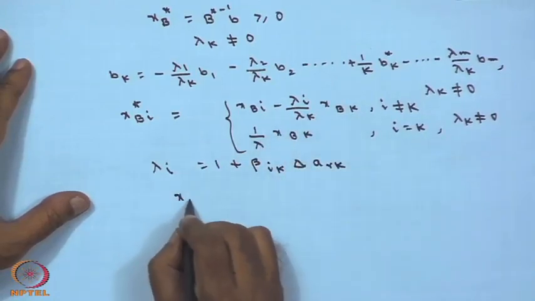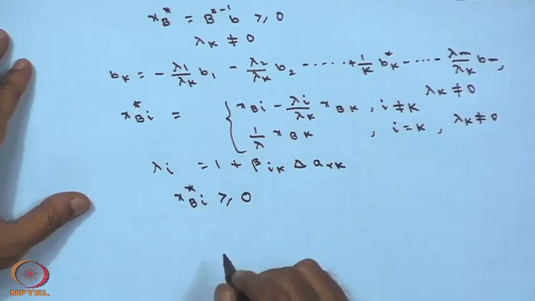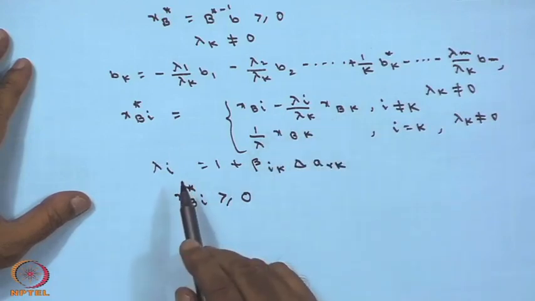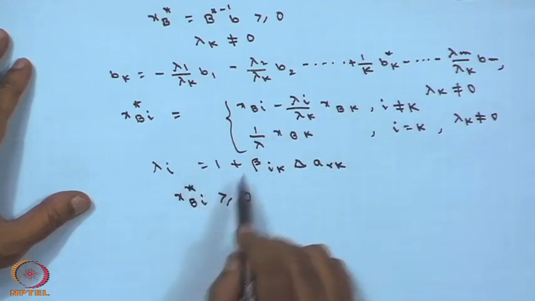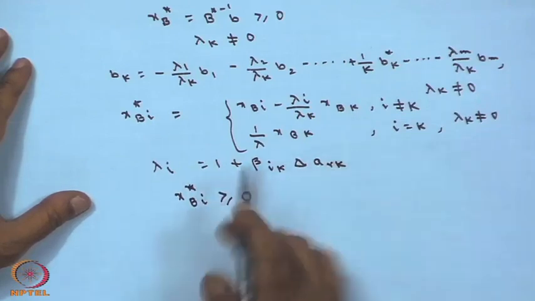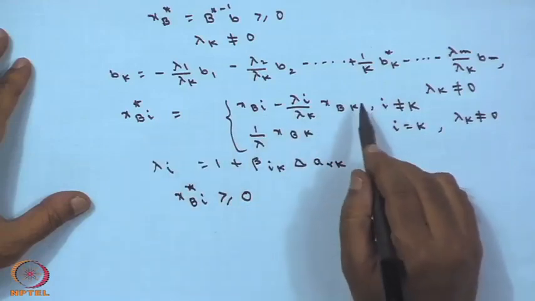Now, x b i star should be greater than or equal to 0 for the feasibility condition. So, basically again just like earlier proceedings, your delta a r k will lie in some range. You can calculate it from this x b i star, this should be greater than or equal to 0.